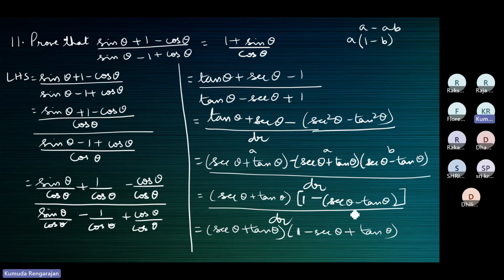So minus secant theta plus tan theta divided by what's the denominator? The denominator is tan theta minus secant theta plus 1. So you can see the expression tan theta minus secant theta plus 1 gets cancelled as a whole.